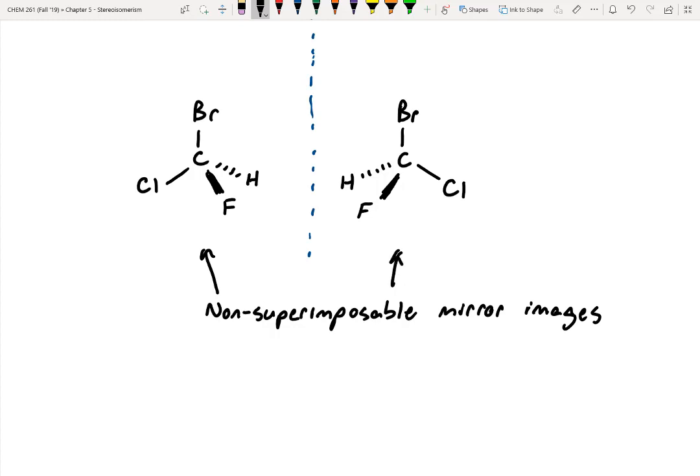That means that both compounds are chiral. So anytime you have a molecule where you draw the mirror image of it and it's not the same, meaning you can't overlay it atom for atom, you're looking at a chiral molecule or a chiral compound.